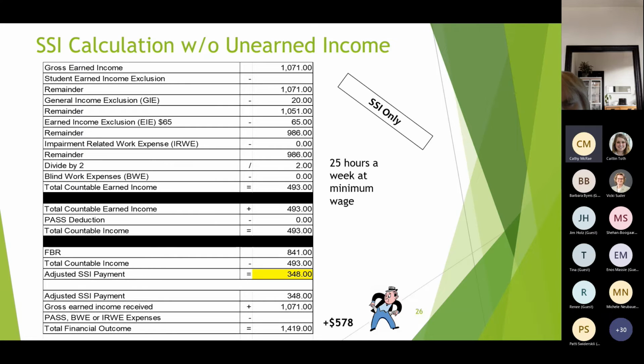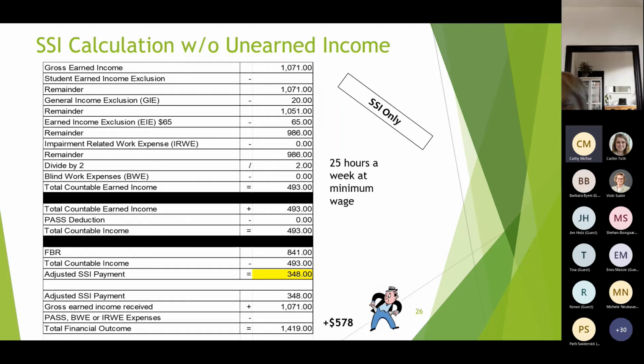But let's add this up. Let's take a minute and add this up. So we have the federal benefit rate of $841. We're going to subtract $493 in countable income from that. That gives us an adjusted SSI payment of $348. But this person has earnings of $1,071.